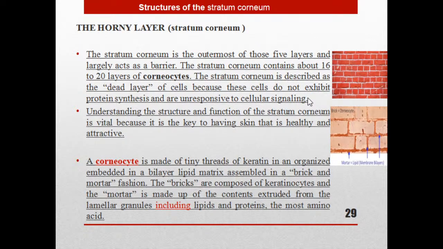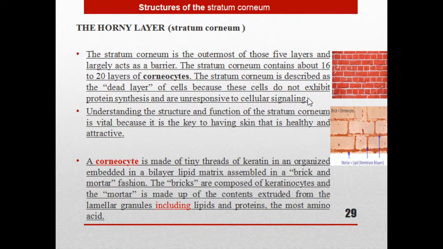The stratum corneum is the outermost of those 5 layers and largely acts as a barrier. It contains about 16 to 20 layers of corneocytes. The stratum corneum is described as the dead layer of cells because these cells do not exhibit protein synthesis and are unresponsive to cellular signals.